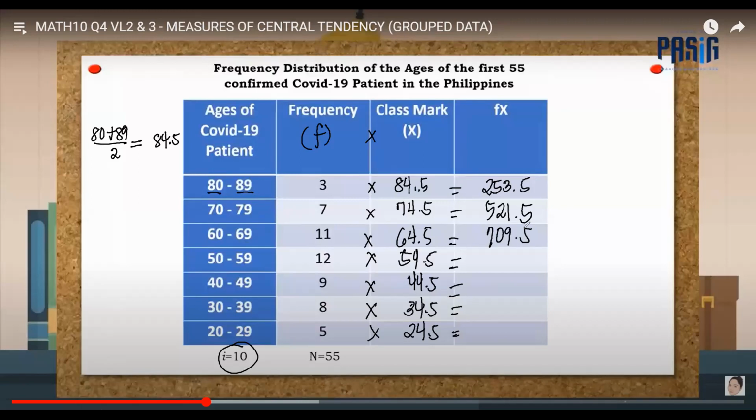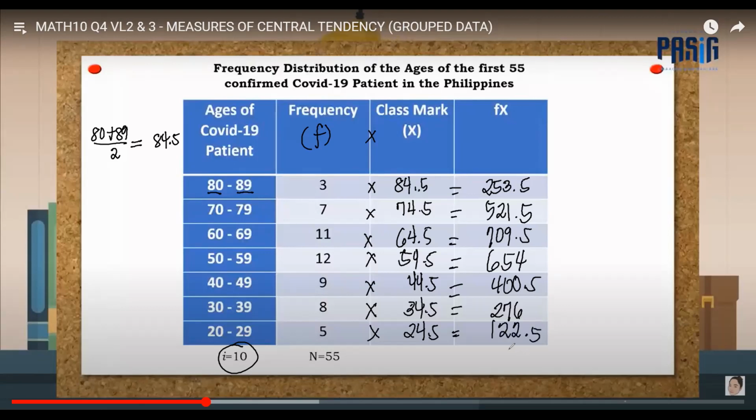Sunod. 654. Sunod. 400.5. Sunod. 276. Walang 0.5 yun. Next naman. 122.5.